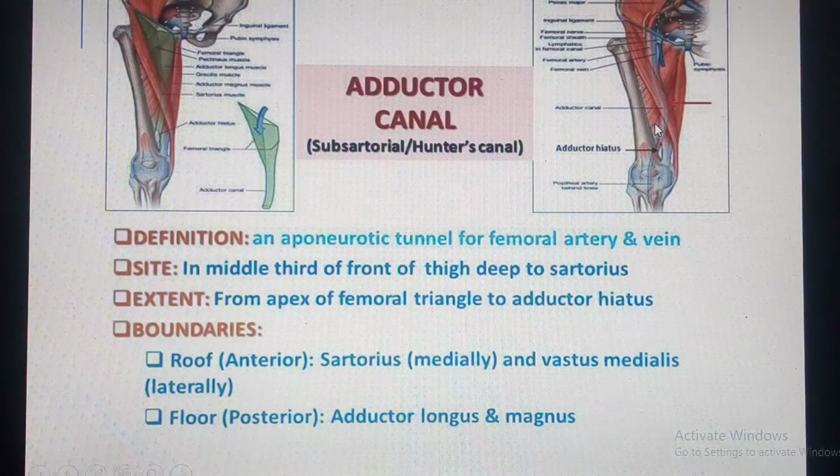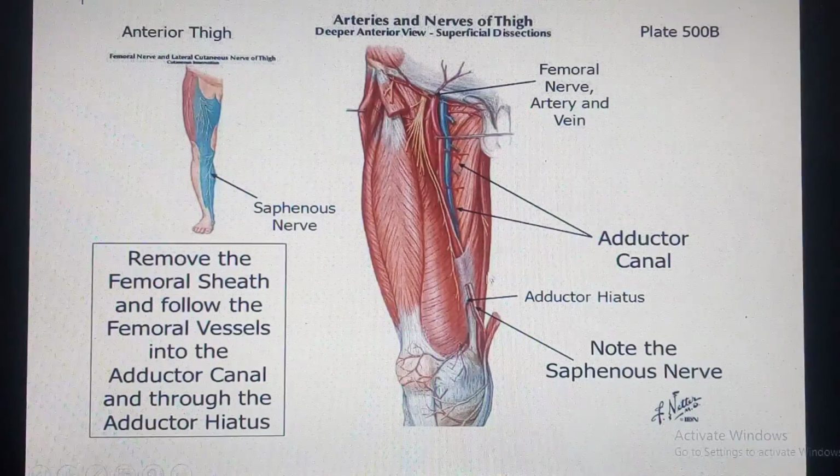On its anteromedial portion will be the longest muscle in the human body, the sartorius muscle. This is a cross section of the sartorius muscle.